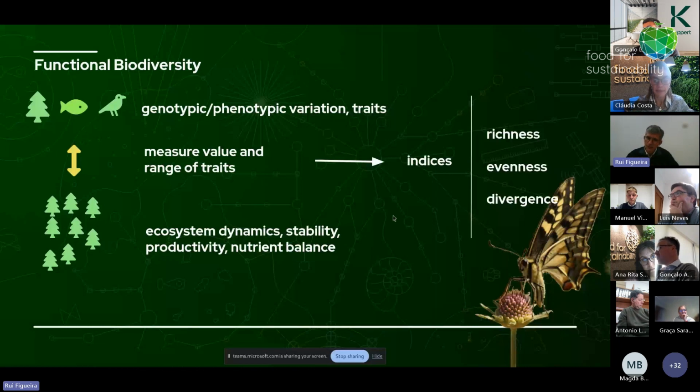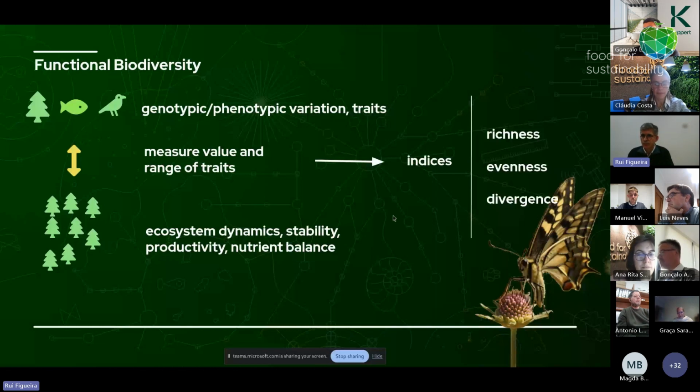But when thinking about functional biodiversity, we are also thinking about the traits, the properties of species and the action of the species in the environment that will influence ecosystem dynamics, stability, productivity, nutrient balance, and other factors that result from this interaction between species and the environment. So we are very interested in how these species interact with the environment. So the traits are the way we can identify these interactions and also measure that.